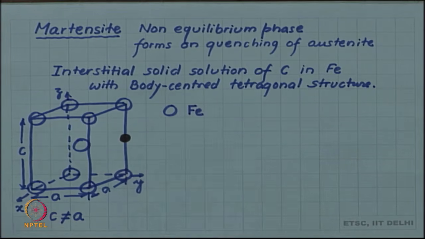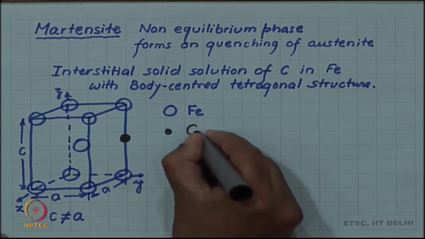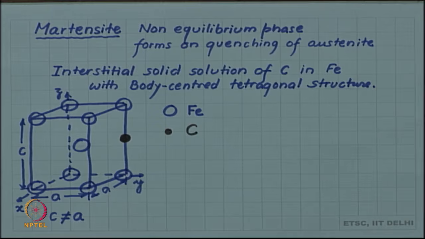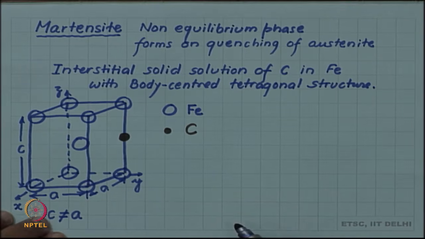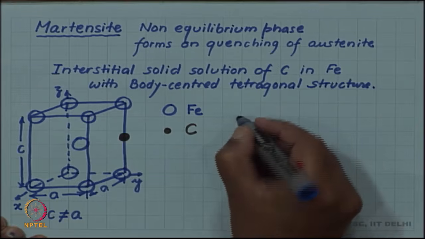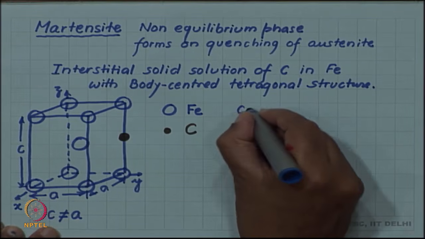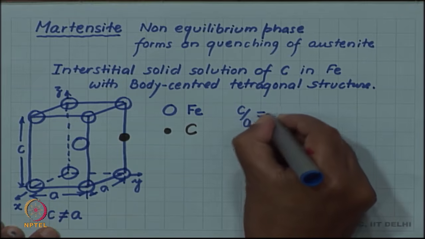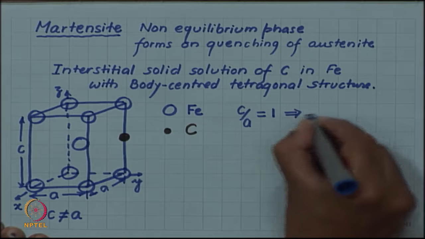So, this is iron and this is carbon, and the C by A ratio is not very high. So, remember that if C by A equals 1, it is no more tetragonal, it becomes body centered cubic.